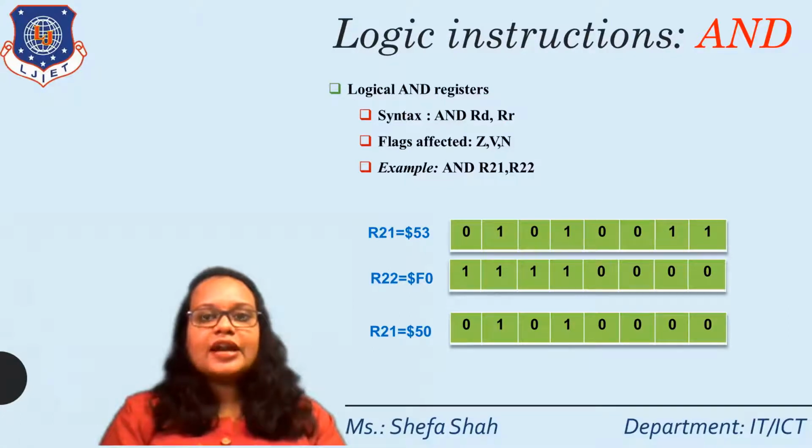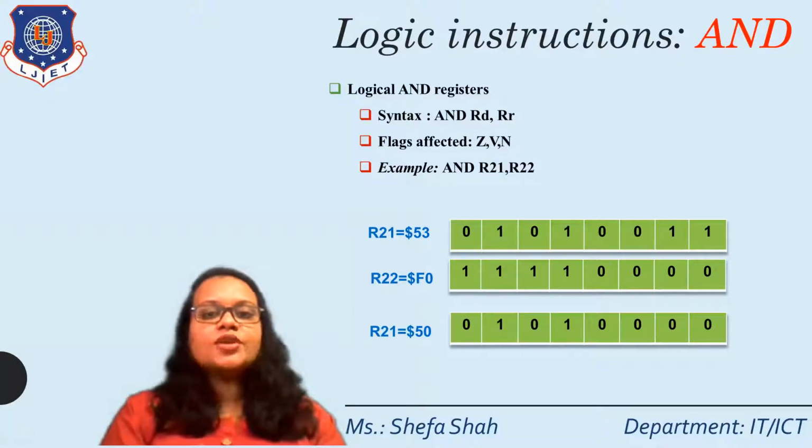AND R21, R22. As you can see in the figure, R21 has data 53H, where 5 is represented as 0101 and 3 is represented as 0011. Then R22 has data F0, where F stands for four ones and 0 stands for four zeros.